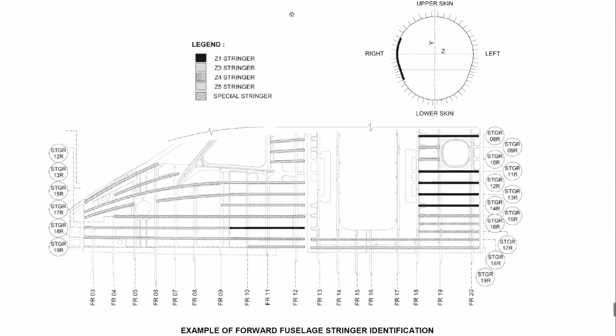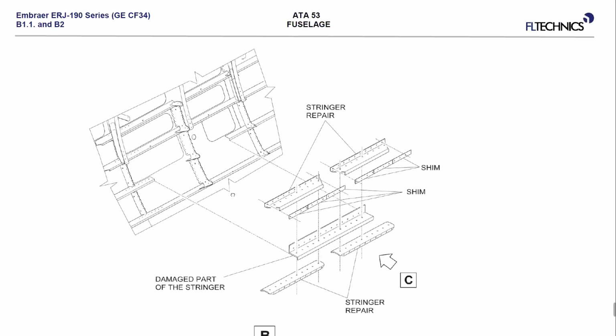Have a look here, the stringers are shown, the frames, and if you remember, in the forward fuselage section we have a different number of stringers, and the further forward we go, the number of stringers is reduced. Okay, just to remind you, because it's the same chapter now.